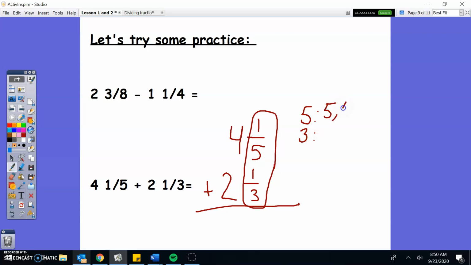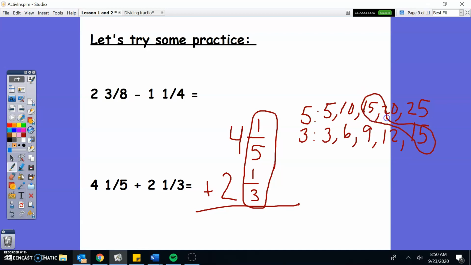I like 5s first because they're really easy. 5, 10, 15, 20, 25. I'm going to stop there. And I'm going to do my 3s. Those aren't too bad. 3, 6, 9, 12, 15. Oh, I found my least common denominator, which is 15.